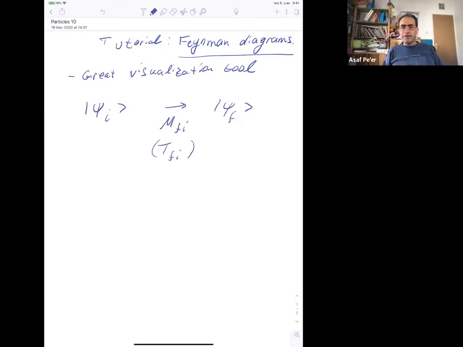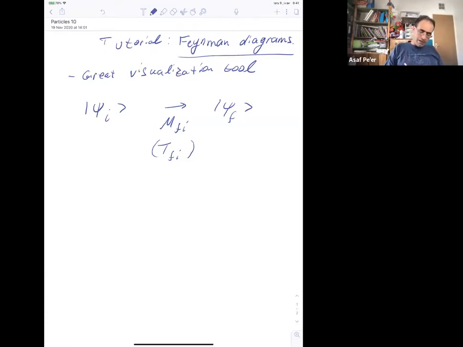Without getting into the details, I'm still hesitating whether I should show you the derivation of Fermi's golden rule, because the derivation that you're supposed to study is for the non-relativistic case, which is what you learn in quantum mechanics. The way to think of it again is: you have an initial state, there is a time-dependent Hamiltonian, so there is some interaction, and then there is a final state. The matrix element M_FI captures all of that.